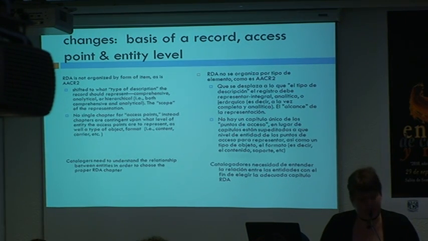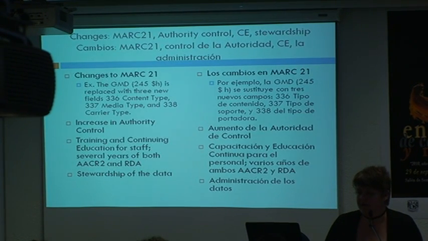So we're going to see changes in MARC. We're already seeing some of that, and I talked a lot about this this summer at the ALA conference. We have some new fields, for example three new fields, 336, 337, and 338, that will replace the GMD that is used in the 245.